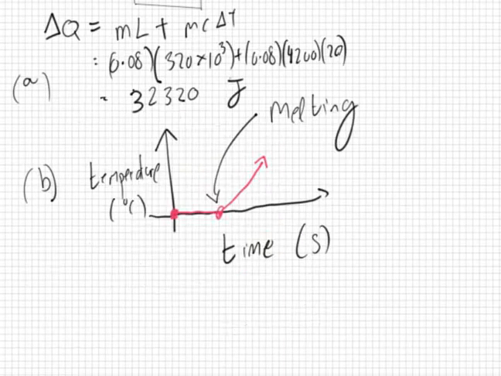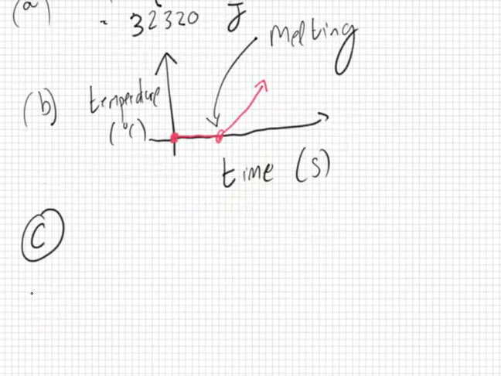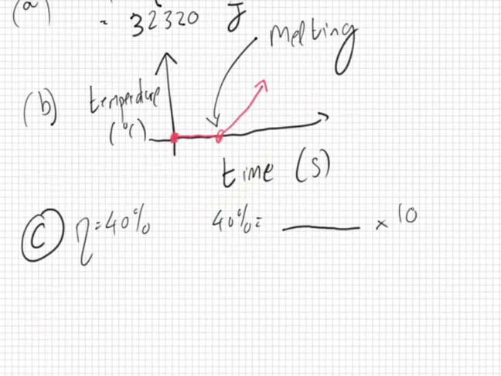Part B is draw the graph where on the y-axis is the temperature and the x-axis is the time. Okay, so what's the temperature at the beginning? 0.